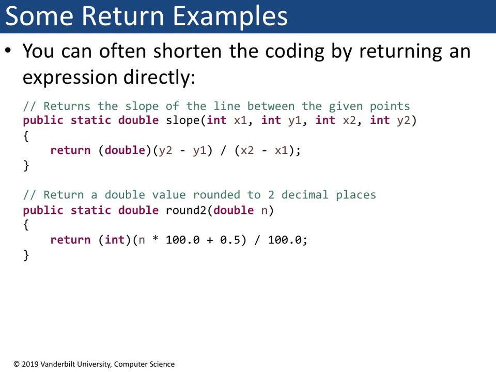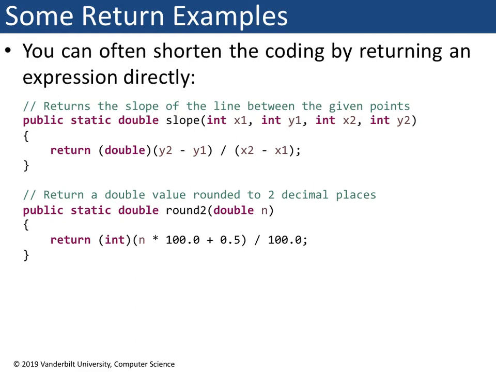So we will apply a typecast to the result of y2 minus y1. So we will cast that to a double, and then we will do a double divided by integer, which will yield a double, and that is the value which this expression evaluates to, and then we return that value back to the caller.